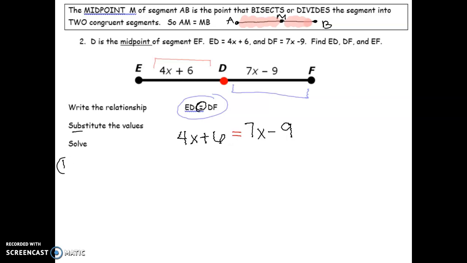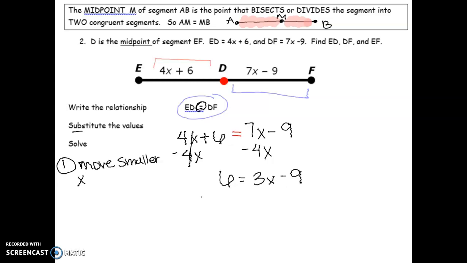Same thing like we did the problem before, we move the smaller x. So here in this case, 4 is less than 7, so I'm going to subtract 4x from both sides. That's going to cancel. And we are left with 6 is equal to 3x minus 9.